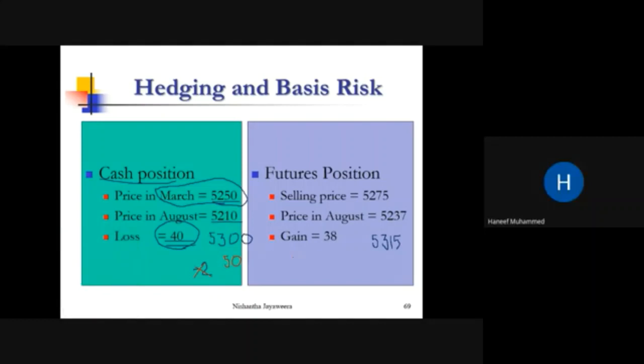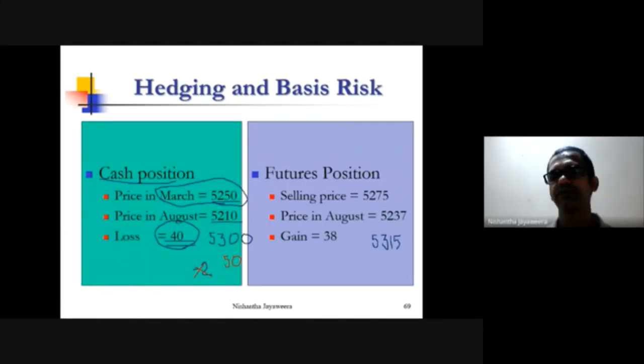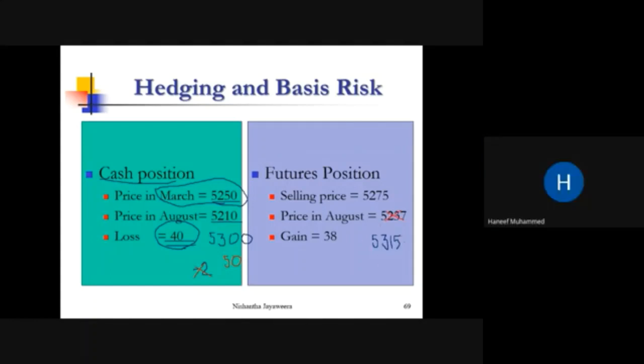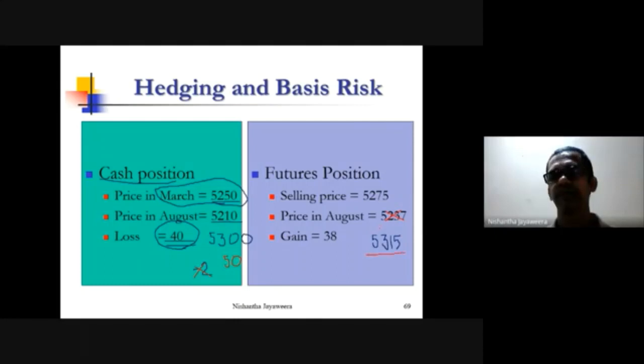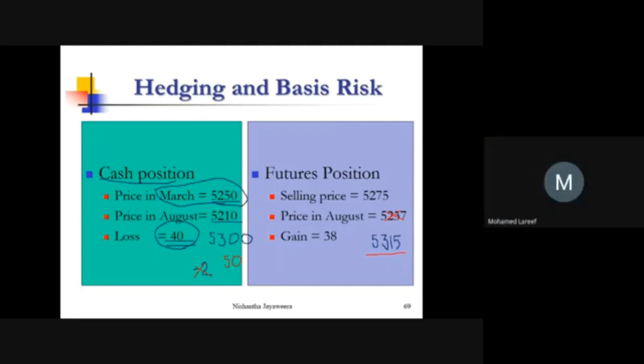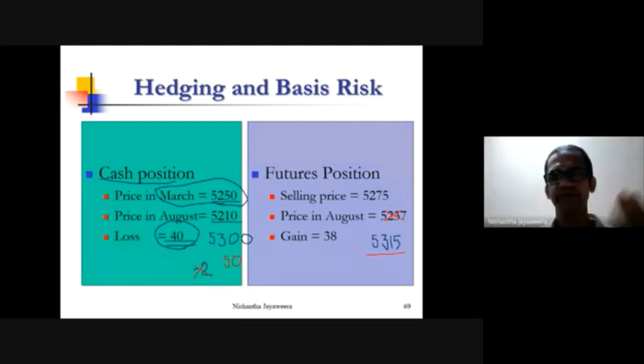5,315 is the price in August, the new price instead of this. So that has gone up by 40. Is it a profit or a loss? It's a loss, sir. It's a loss because we have sold the futures.